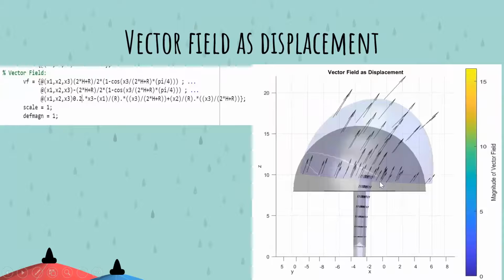Similarly, you can see there's a small deflection and the canopy movement. The canopy should flip upside down, but I was not able to do it, but I have shown that there's a deflection in the canopy, and a vector field acting on the canopy. And this is the MATLAB code for my vector displacement.